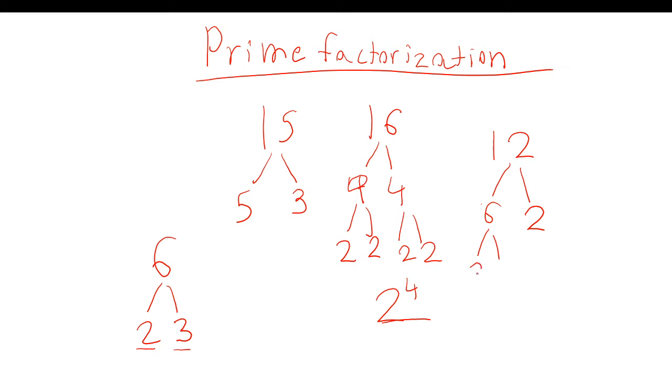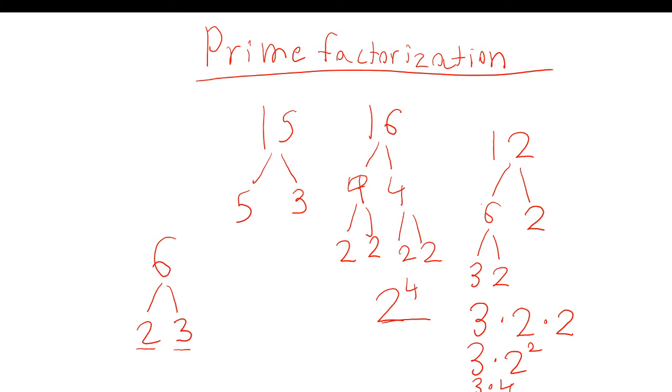Over here we have 3 and 2. 3 times 2 times 2. 3 times 2 squared. Compute the exponents first. We get 3 times 4, which matches the divisibility rule for 12: divisible by 3 and 4.